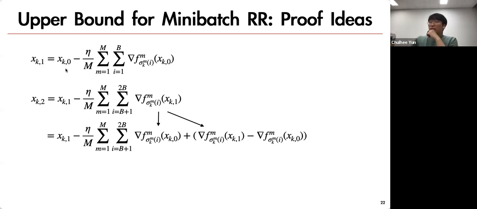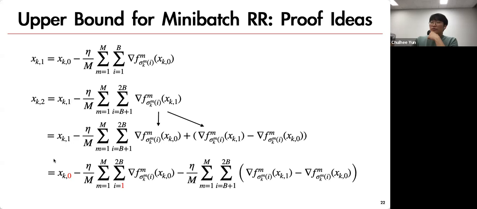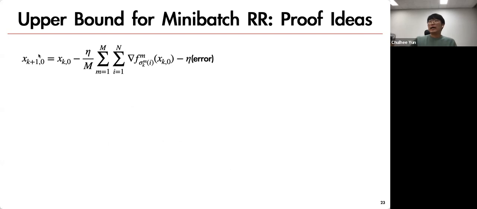And by substituting the definition of x_{k,1} into here, we can write this one as this. So it's the sum of the signals minus the sum of errors or noise. Okay. And we can repeat this process until the end of an epoch. And this allows us to write the update over the entire epoch as this sum and some noise.